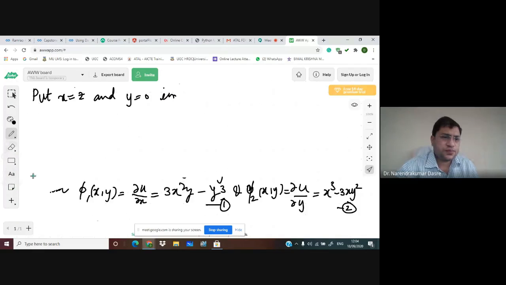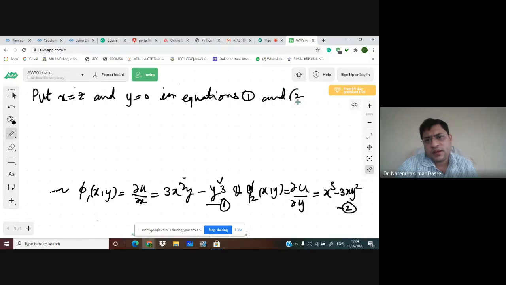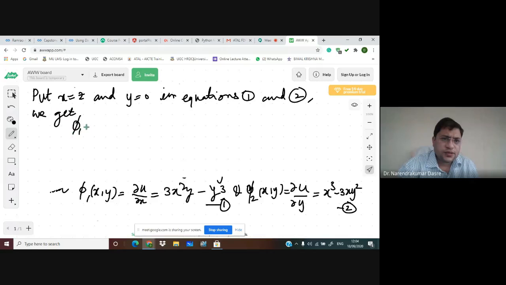In equations 1 and 2, we get phi 1 of z0 is equal to, if I put x is equal to z and y is equal to 0, then this term goes 0.